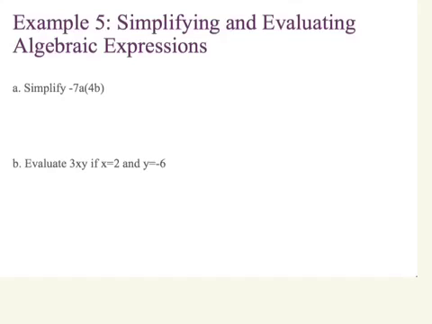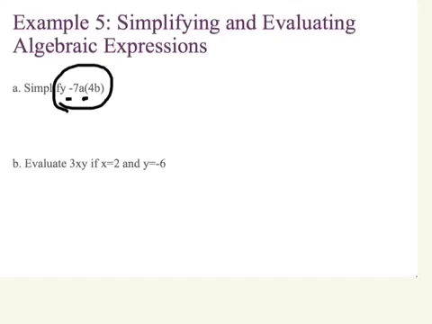Our skills with negative and positive numbers also lead us to problems like this one here in example 5, where we have to simplify and evaluate expressions. So take a look at what we have. We need to simplify it. There's no values for A and B, so we're just going to make this look a little bit simpler. Join like terms together, do what operations we can. And here I've got a -7 and a +4.